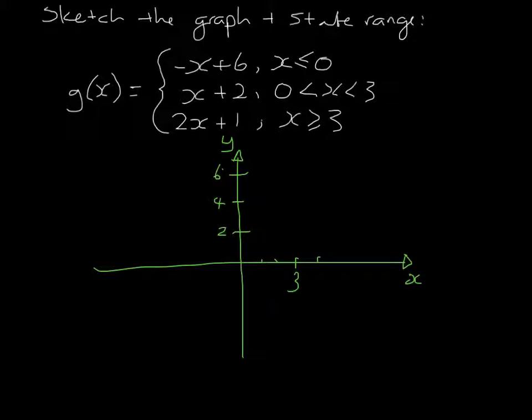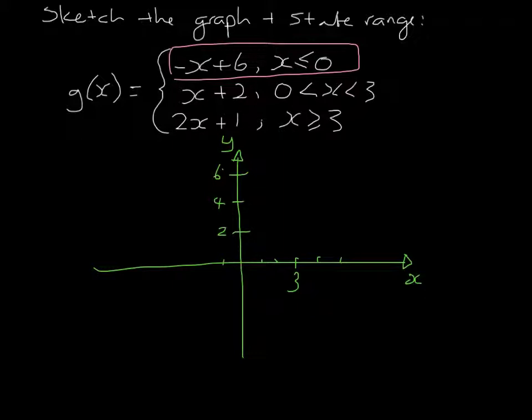We'll just get a bit more of a scale onto there. And to sketch the graph, for the first part of this, we have x less than or equal to 0, negative x plus 6.